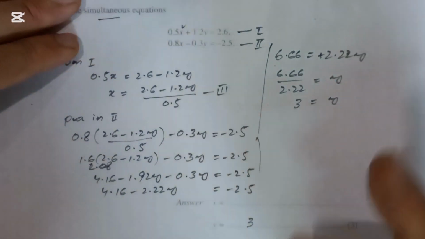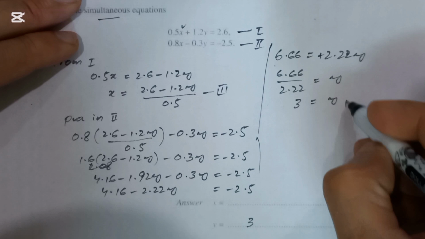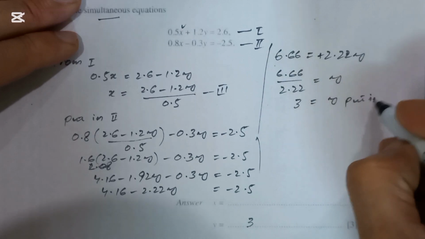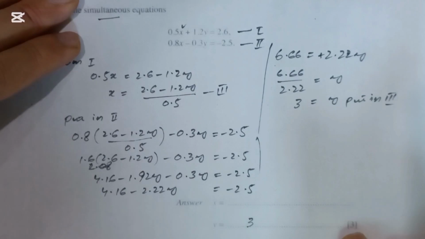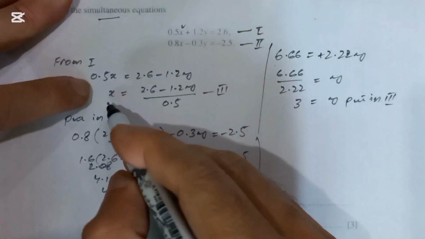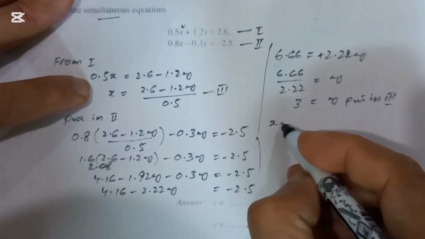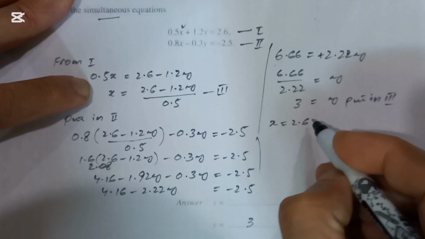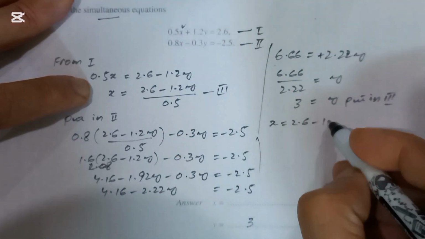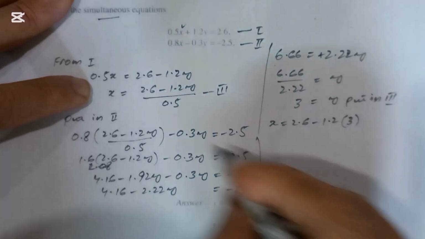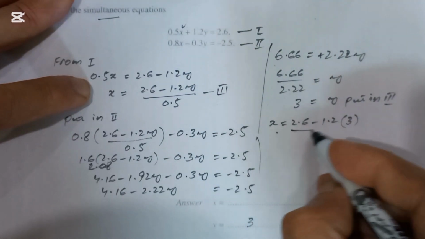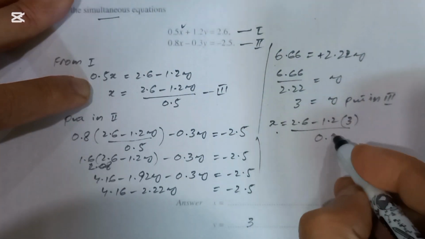Okay, now after getting the answer of one variable, put it in equation number 3. So put in 3. Here is equation number 3. So x is equal to 2.6 minus 1.2y, and in place of y you will put the value of y, that is 3, over 0.5 will remain as it is.